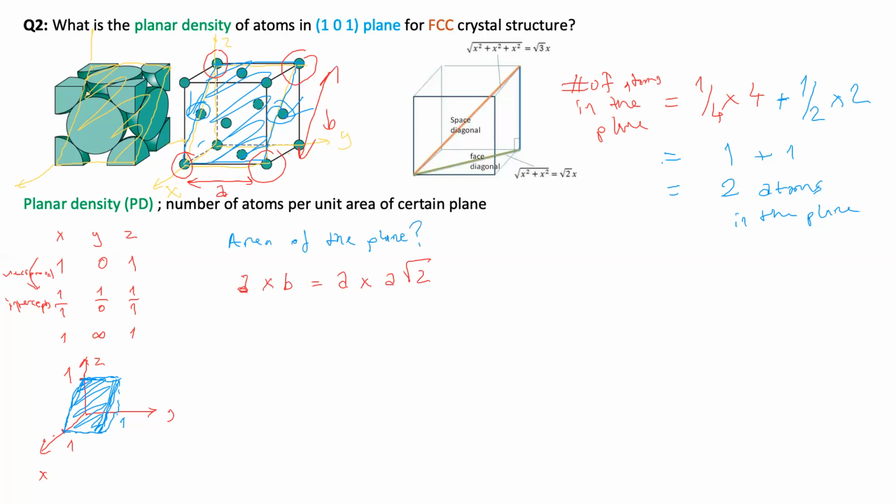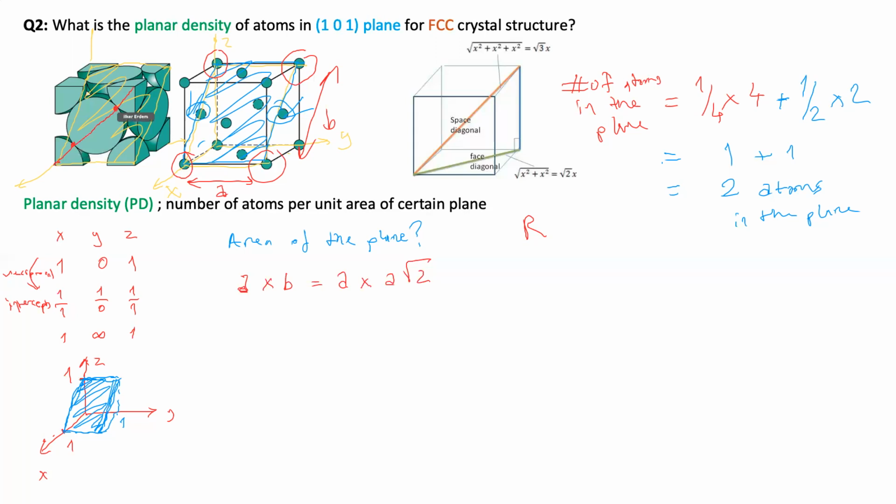But as we discussed, we need to write the results in terms of R. So I need a relationship between A, the length of one side of the cube, and R. To find that out, I need to check at which points the atoms are in touch with each other for this specific crystal structure. I'm just showing you the touching points for FCC.